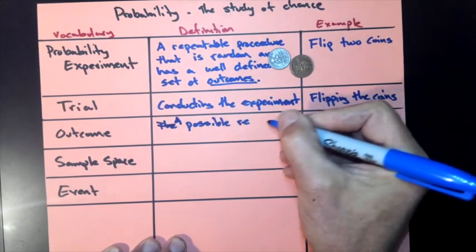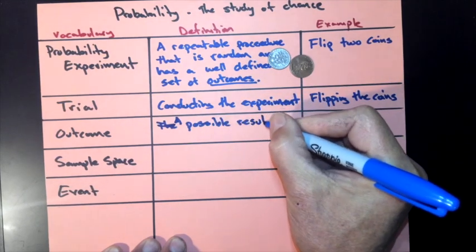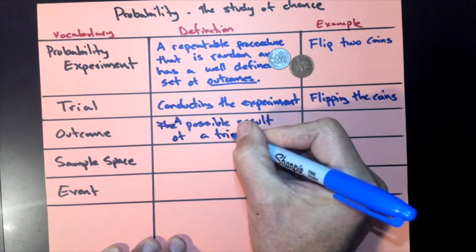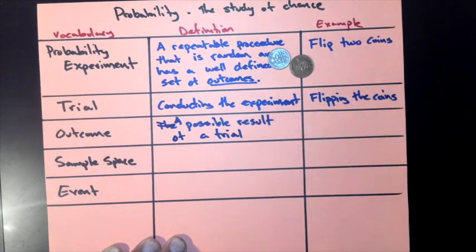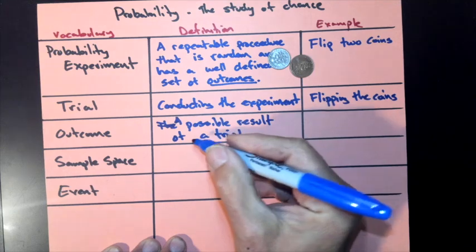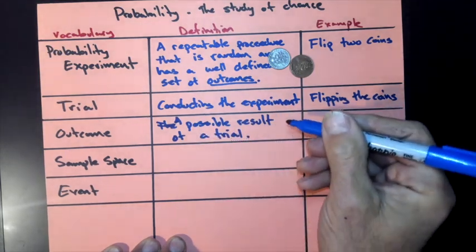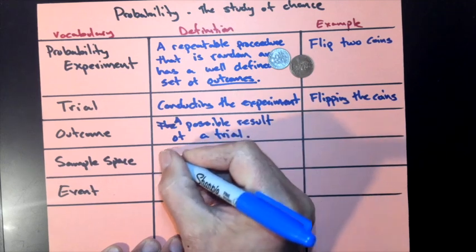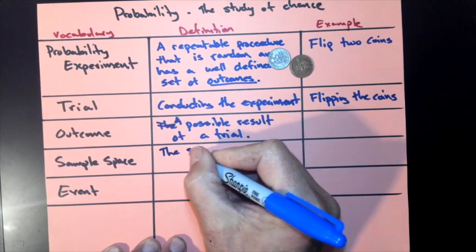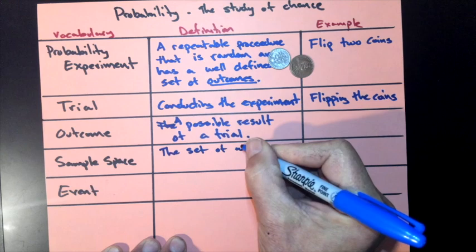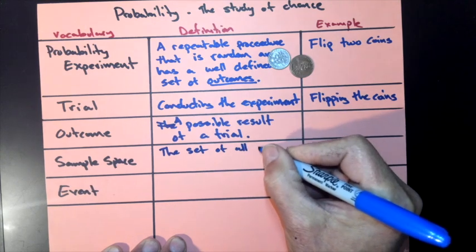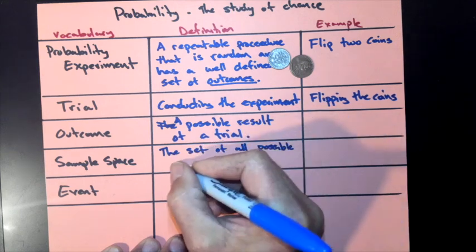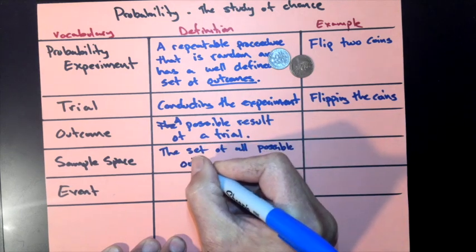One outcome is a possible result of a trial. We have to be clear here because sample space is all the possible results of a trial. So this is defined as the set of all possible results, or I could say the set of all possible outcomes.